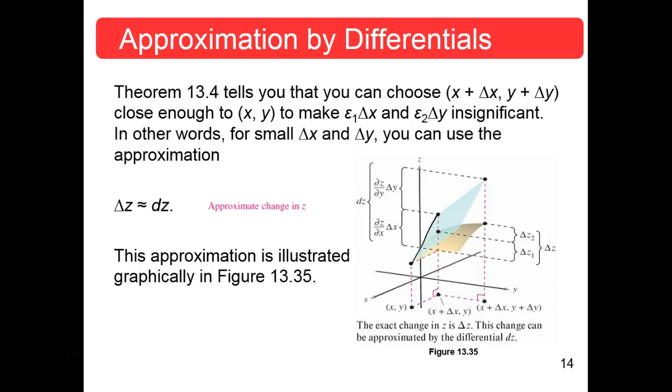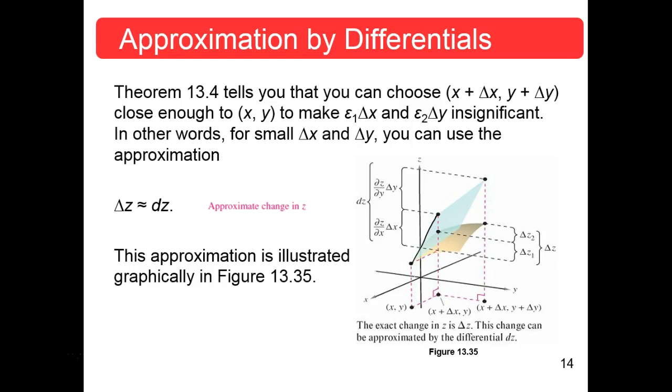Okay, if epsilons are pretty small and you choose your delta x and delta y small, then this could be insignificant. In other words, for small enough delta x's and delta y's, you could use the approximation that your delta z, which is the actual difference in z's, is approximately equal to your dz, which is your differential z.